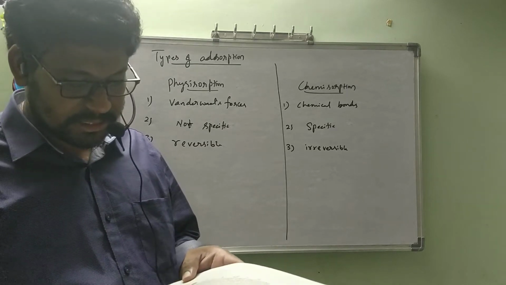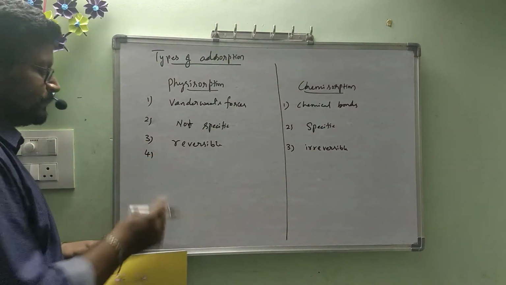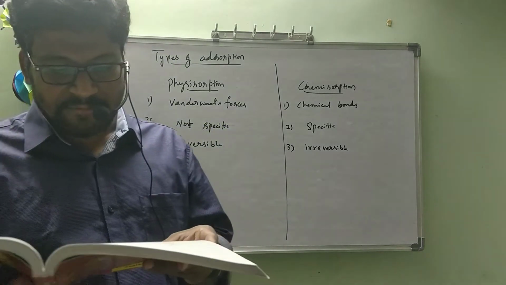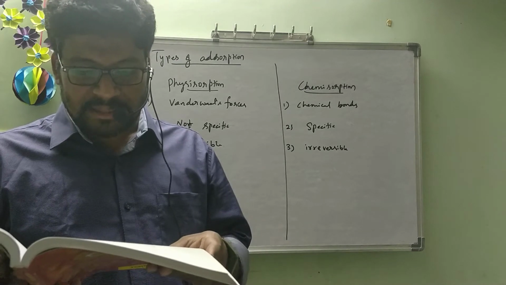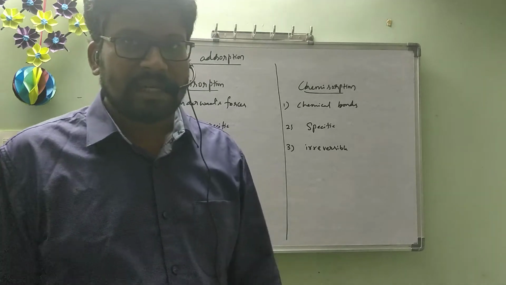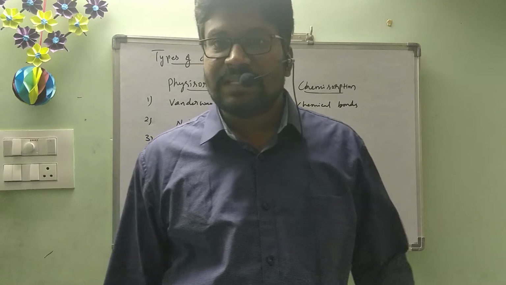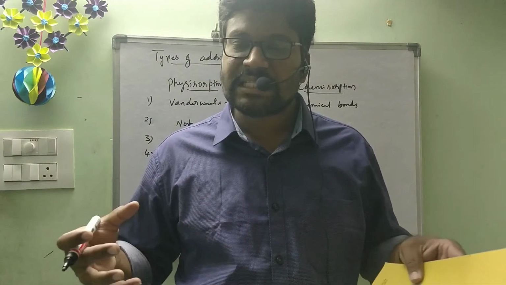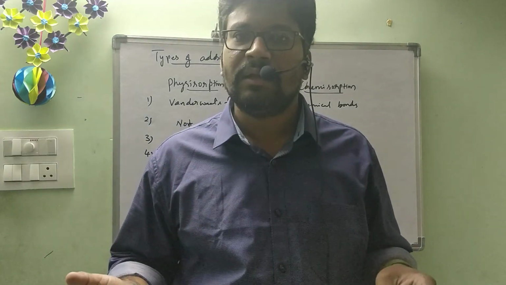Next, fourth one. It depends on the nature of gas. More easily liquefiable gases are adsorbed readily. What is the meaning of more easily liquefiable gases? The gases which have high attractions between the molecules can be liquefied easily.